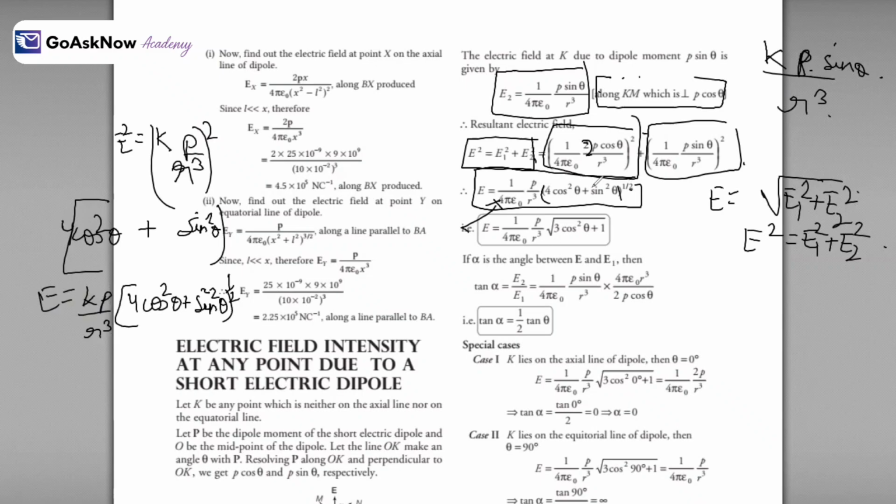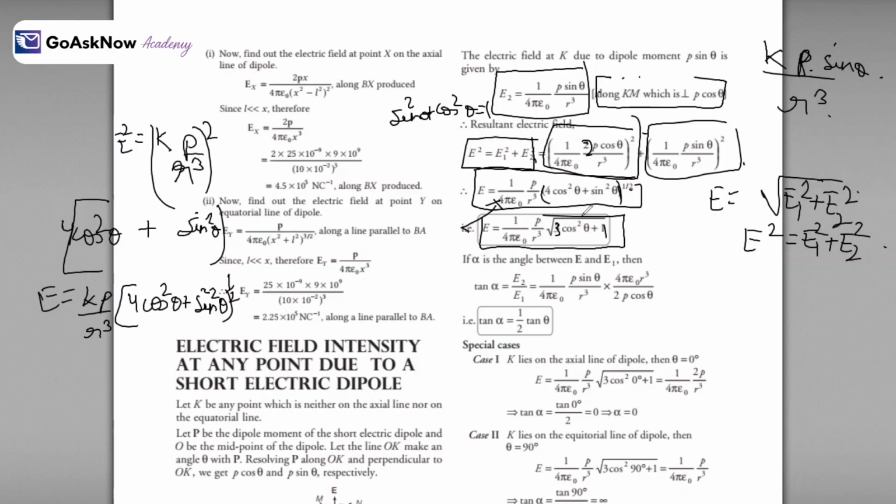How does this come? Because we have taken sin square theta plus cos square theta is equal to 1. So we have taken 1 here, and plus 3 cos square theta will be remaining here. And the root was already there. That is the formula for electric field. You have to remember that it is equal to k into p by r cube into root of 3 cos square theta plus 1.